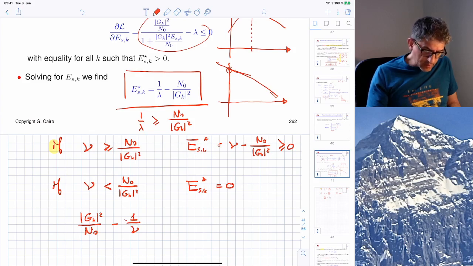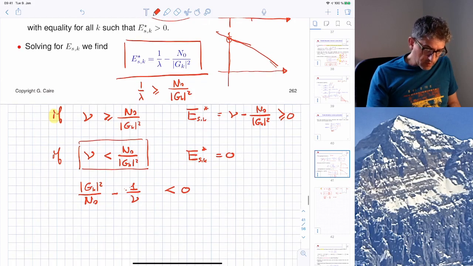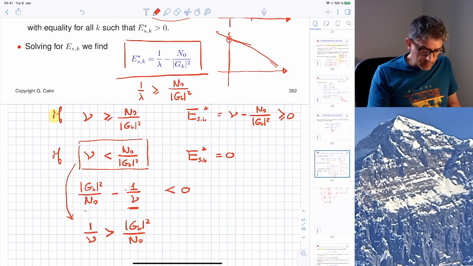Well, if this is the case, then the sign is necessarily negative, because if I invert each side, and of course this changes the verse of the inequality, I have that 1 over nu is bigger than g_k squared over n0, so this term is bigger than this term, and therefore this difference is negative.